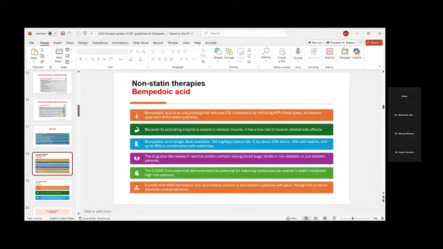This drug also decreases the CRP level without raising the blood sugar in non-diabetic or pre-diabetic patients, and the CLEAR Outcomes trial demonstrated its potential for reducing cardiovascular events in statin-intolerant high-risk patients. It can result in a small reversible increase in uric acid, which means that we need caution in patients with gout, although this is not considered an absolute contraindication for its use.